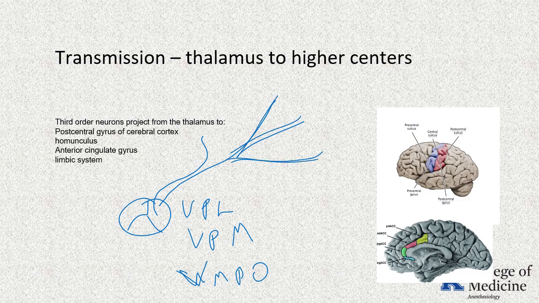And some of these areas are the postcentral gyrus of the cerebral cortex, the somatosensory cortex, the anterior cingulate cortex or gyrus, and limbic system. And this is where a lot of the processing, the emotional involvement of pain, as pain is defined as an emotional experience, take place.